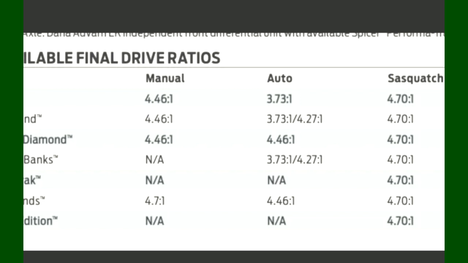The Sasquatch package itself has the higher drive ratio number, like 4.70 to 1, and the manual being 4.46 to 1, and the auto being 3.73. And of course, the auto has 10 gears, while the manual has 7 gears, with the 7th gear being a crawler gear.